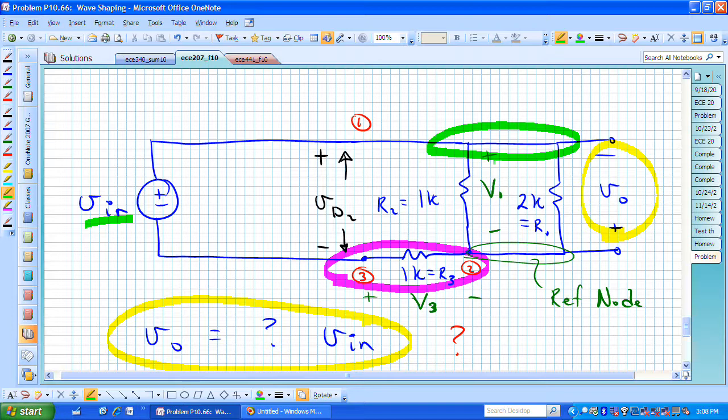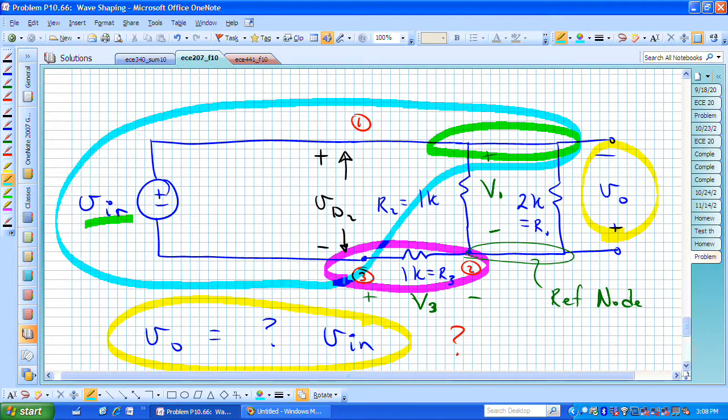Well, that source is now between two of our node voltages, and that should then remind you of the fact that, oh, maybe we could then enclose that in a super node and just worry about the KCL equation relative to that light blue highlighted node that we've now introduced.